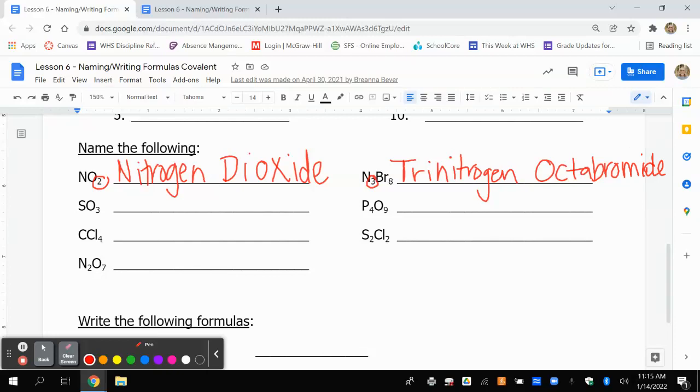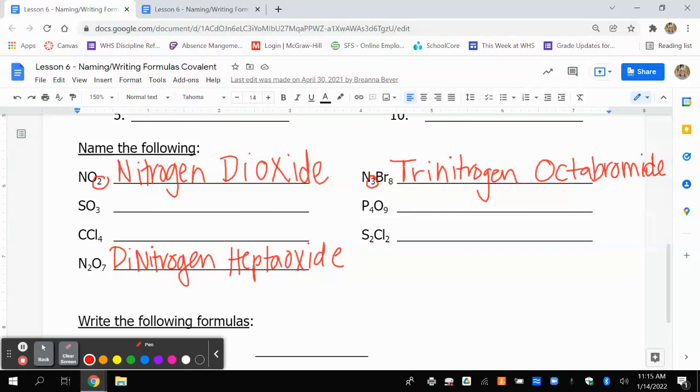Let's look at this one right here. We have N2O7. So this is dinitrogen, and then 7 is hepta, so heptoxide. We're changing the ending on that second one as well.